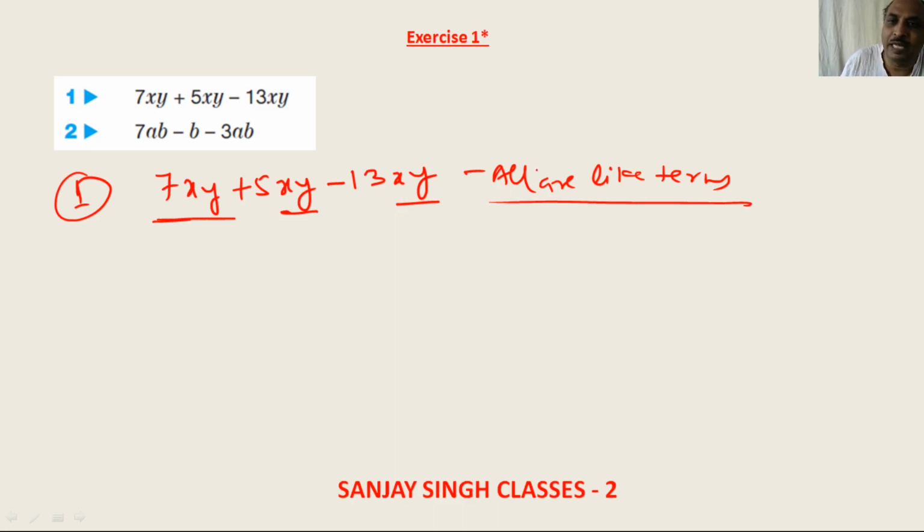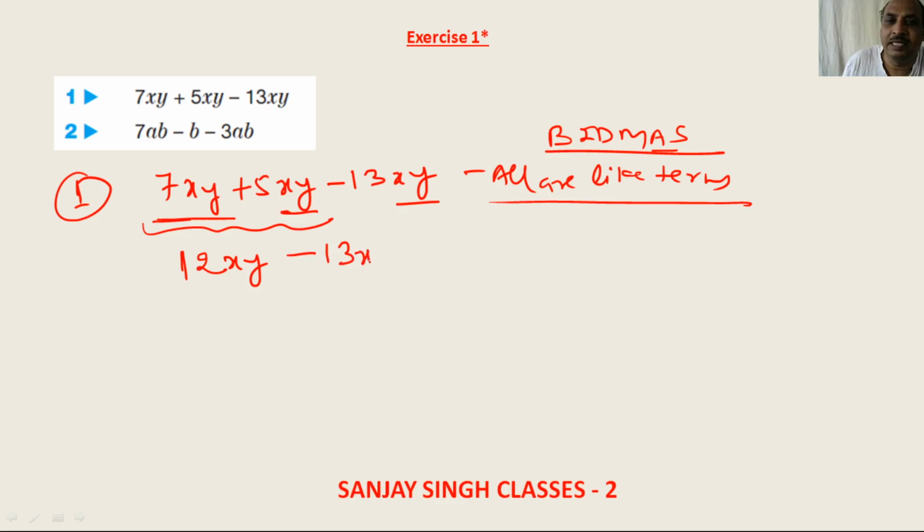Applying BIDMAS rule. Here bracket, indices, division, multiplication is not there, addition is there. So we'll go for addition first of these two terms. It will become 7 plus 5, that is 12xy minus 13xy. Now we have to go for subtraction.